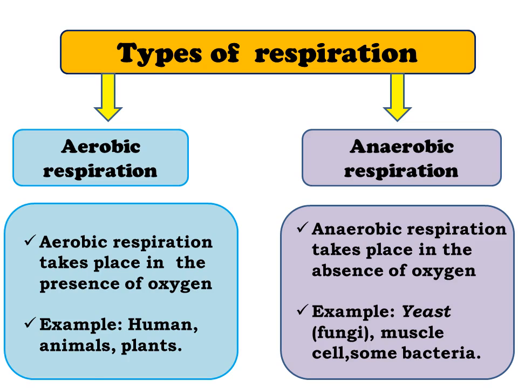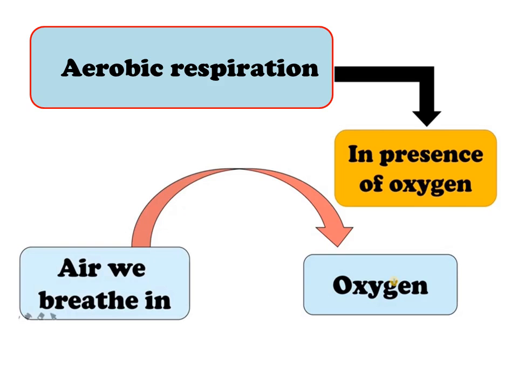Now coming to aerobic respiration, which takes place in the presence of oxygen, the air we breathe in. It is also known as cellular respiration. Cellular respiration can be defined as the process in which the food we eat is broken down inside the cell, which results in the release of energy, and all living organisms undergo cellular respiration.